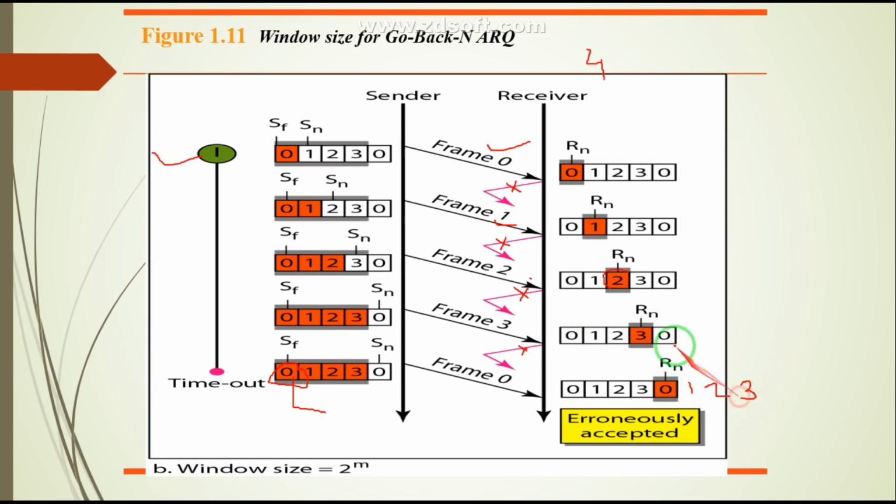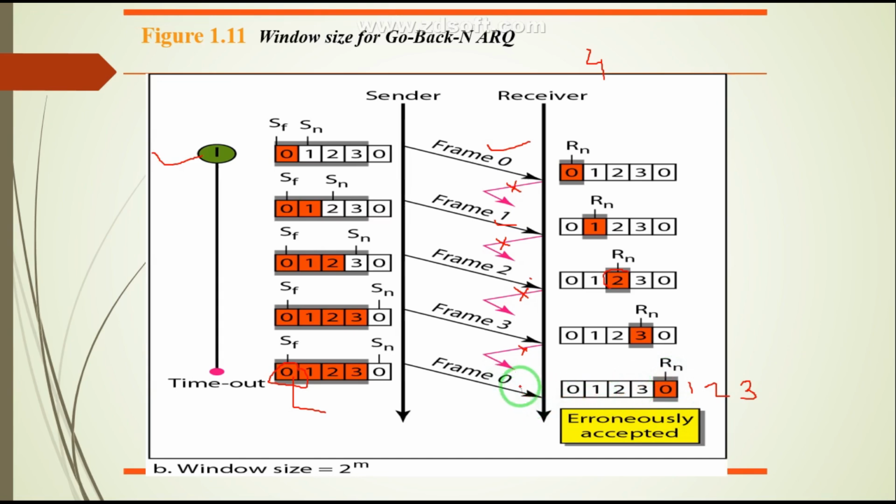So you will observe Rn is equal to 0, right? But the sender is going to send frame 0 of the previous window. So the sender sends this duplicate frame number 0. But this time the window of the receiver expects frame 0.